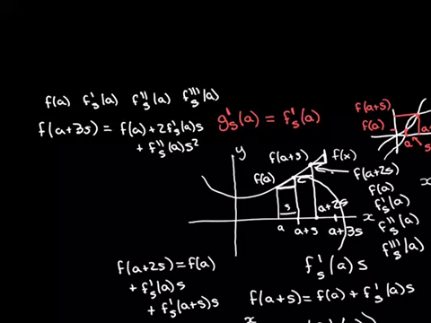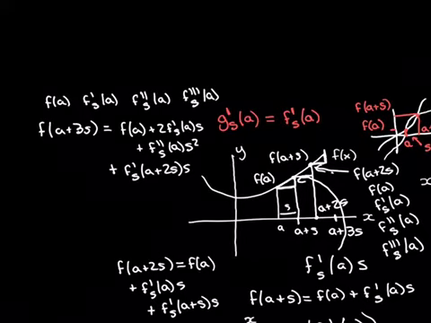And now what we need to know is what is this difference here. So for that, we need to know how to change the derivative from here to the derivative from here. So we're going to need f prime evaluated at a plus 2s times s. And for that, we're going to need to know how to change the second derivative so that we can work out how to change the derivative at another point.